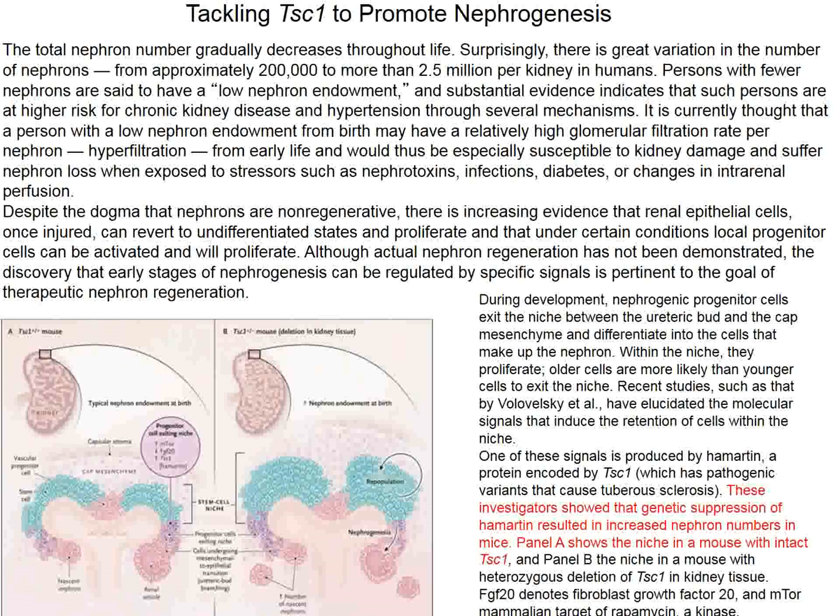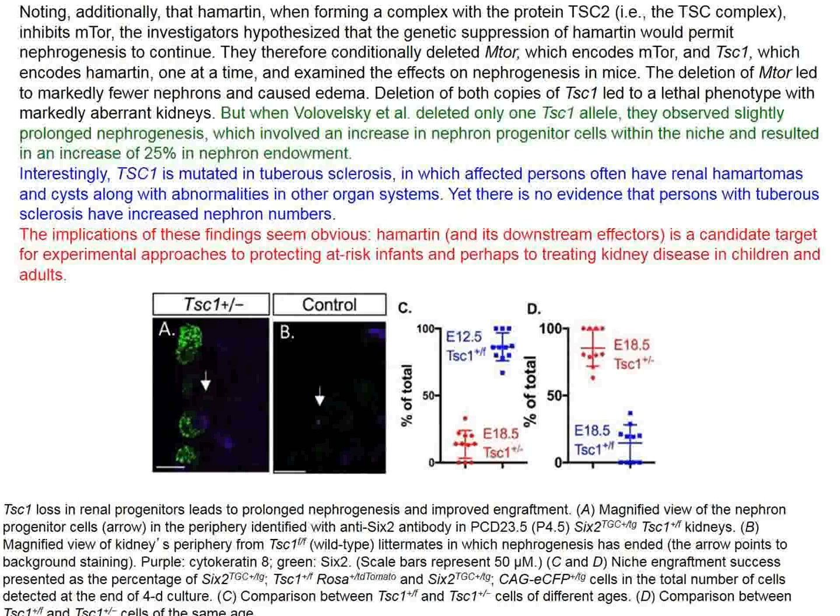And what was done in this mouse study is TSC1 was knocked out. If you obliterate it entirely, the mice die. But if they're heterozygous, they make more glomeruli. They make more nephrons. That was shown in this study because TSC1 hamartin seems to have some influence on the development of nephrons during embryogenesis and development.